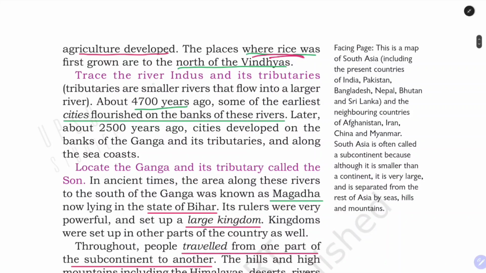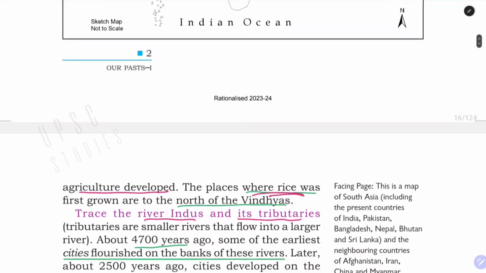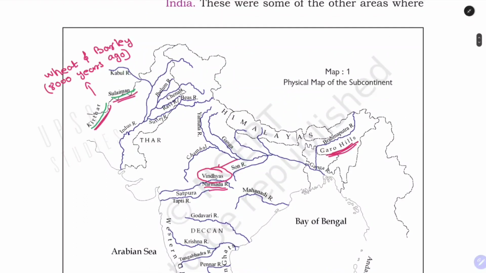Can you trace the river Indus and its tributaries? We can look at the map. Where is the river Indus? Yes, this is the river Indus, and its tributaries are Satluj, Ravi, Chenab, Beas, Jhelum, and Kabul river.